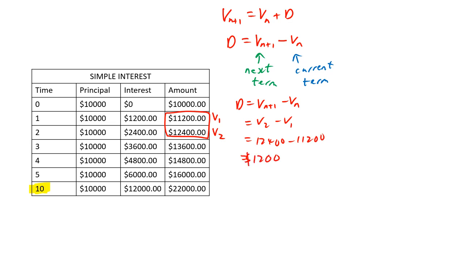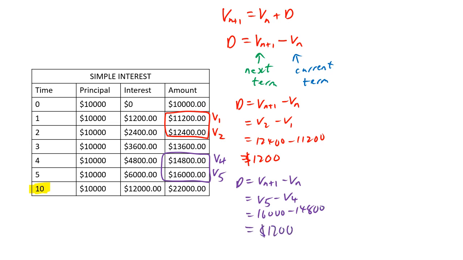And I'm going to be good and put a dollar sign at the front. And that worked. But I could grab any other pair. I could grab these two down here, and that's V4 and V5. So D equals Vn plus 1 minus Vn, which is V5 minus V4, which is 16,000 minus 14,800. And that does, in fact, equal exactly the same, because we said the D doesn't change. That's one way of doing this.